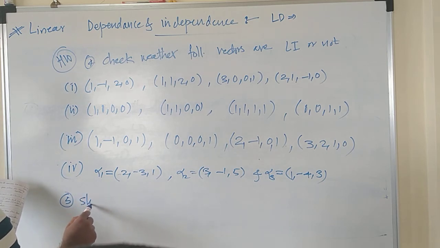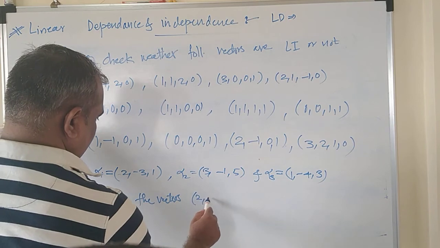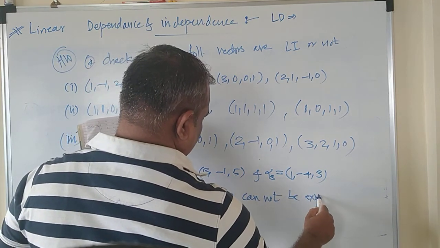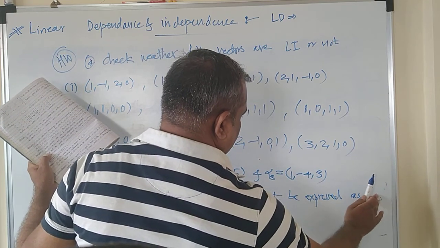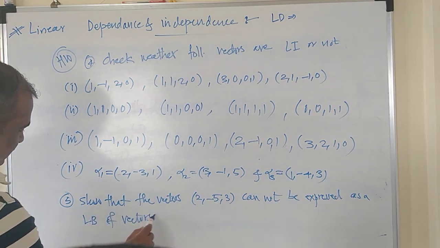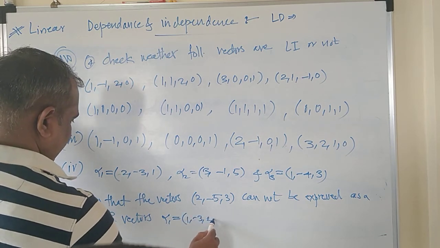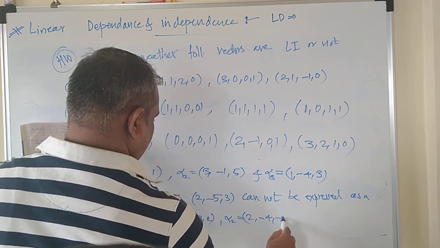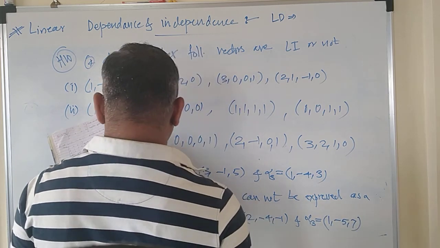Show that the vector 2, minus 5, 3 cannot be expressed as a linear combination of vectors alpha 1 equals to 1, minus 3, 2, and alpha 2 equals to 2, minus 4, minus 1, and alpha 3 equals to 1, minus 5 and 7.